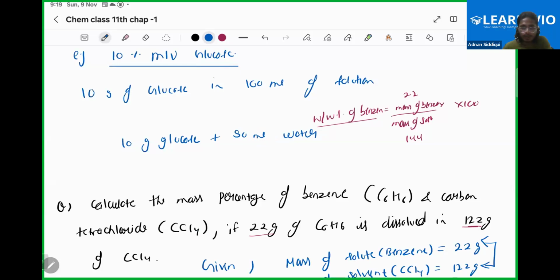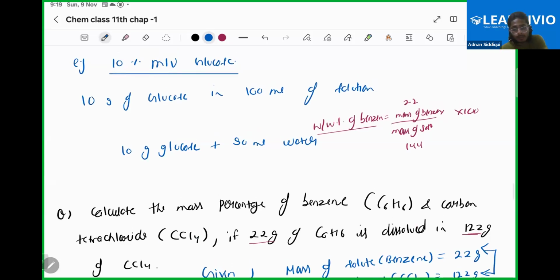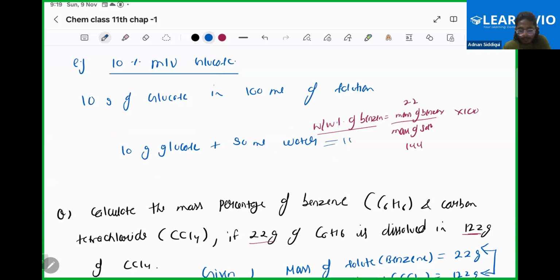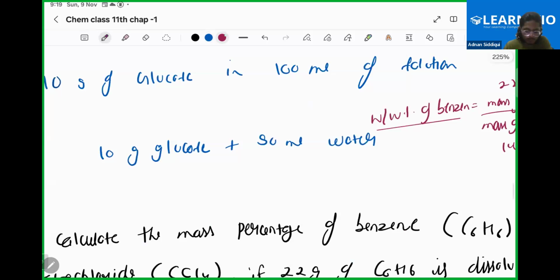So here, because your solute is in gram and solution is in ml, if you add these two up you are going to get 100, but you cannot add them because of different units. So again, here as well, you cannot predict the exact amount of solvent. How can you add these? Suppose you are converting gram to ml. For this, you need the density formula. Suppose density, right?